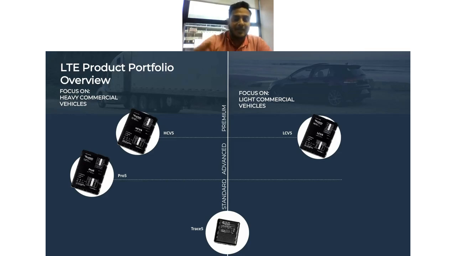There are also plans to come up with a device that sits in between, but those are in the development and design stage. So sooner or later, please check back and you will get to know the news of the launch of our new device. For now, we'll be discussing HCV5, LCV5, and Pro 5 in this session.